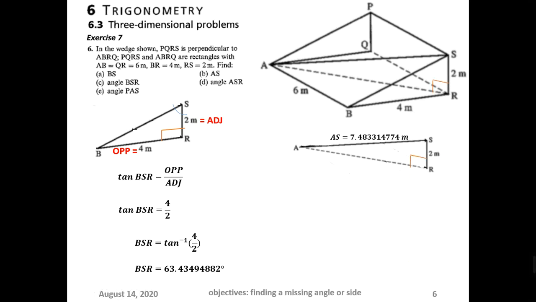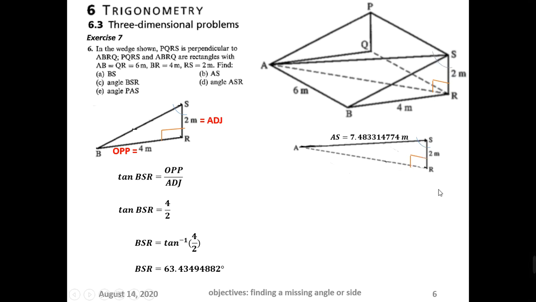And you must identify immediately the right angle, as you can see it here in the 3D object, and this is in the section that we took from the 3D object. Now, my unknown angle is, as you can see here, this is ASR and this is ASR in the 3D object.